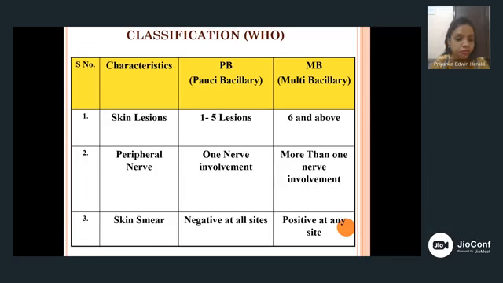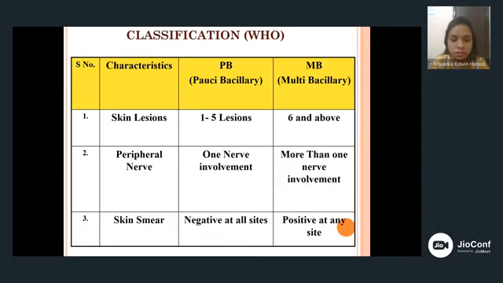Secondly, about the peripheral nerve. If only one nerve is involved, then it is a PB case. And if more than one nerve is involved, two or any number of nerves, then that patient comes under the multibacillary category. And thirdly and importantly, the skin smear. In a PB case, the skin smear is always negative.